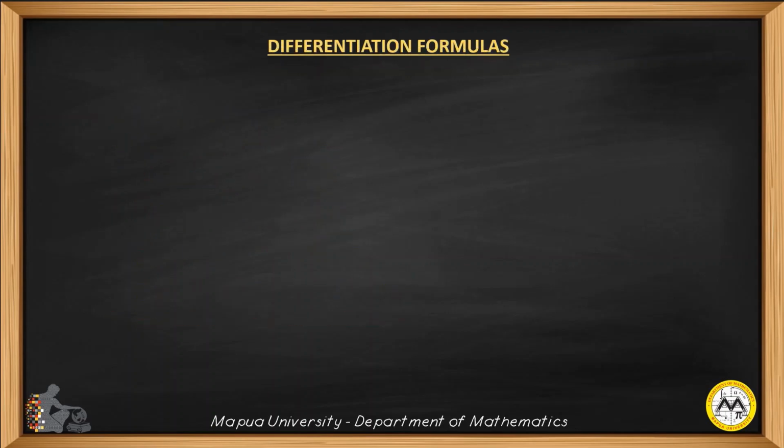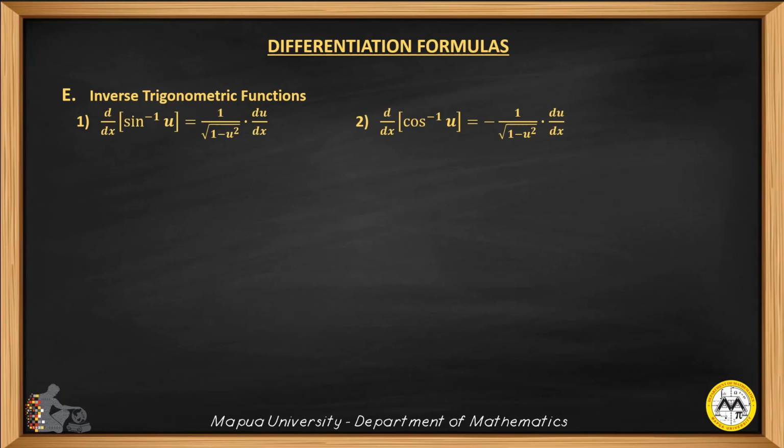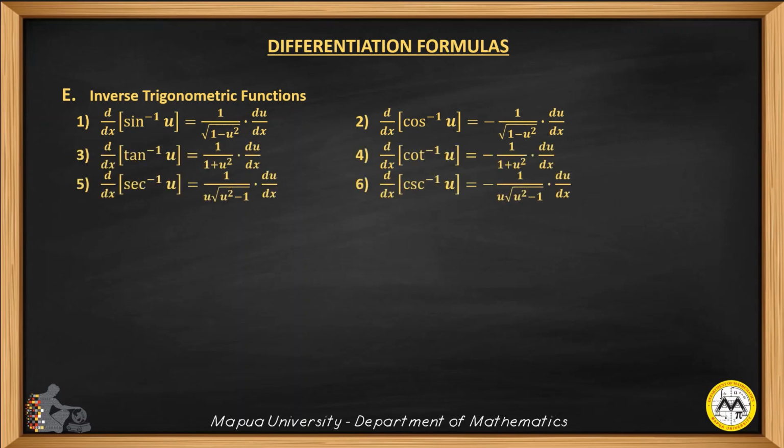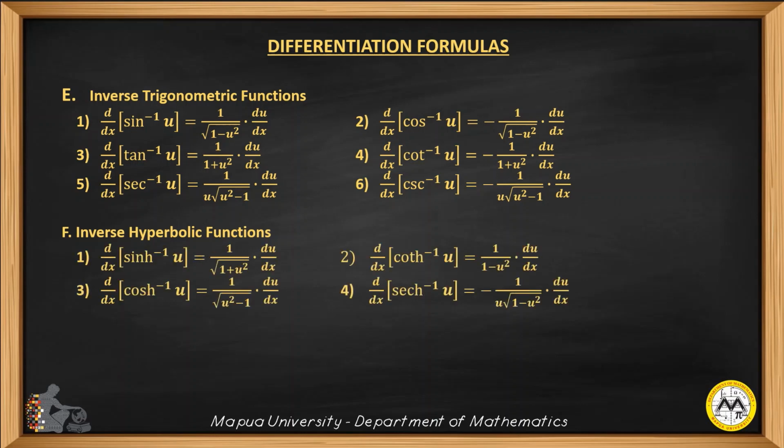For the inverse trigonometric functions, since we have 6 trigonometric functions, then we also have 6 inverse trigonometric functions, and the differentiation rules are as follows. And lastly, for the inverse hyperbolic functions, we also have 6 as given here.